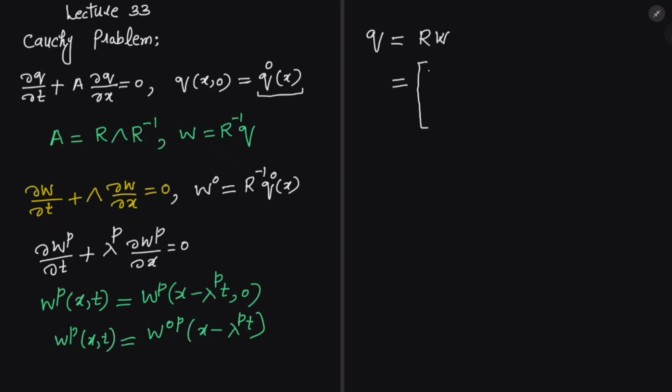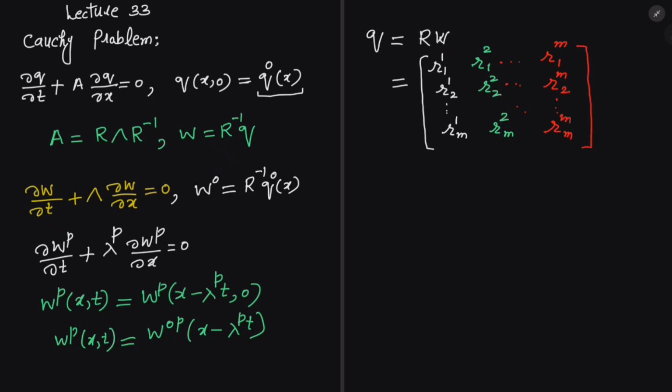For example, the first eigenvector has components r11, r21, up to rm1. Similarly, the second eigenvector has components r12, r22, up to rm2. And if we continue like this, we have the mth eigenvector and its components r1m, r2m, up to rmm, and so on.